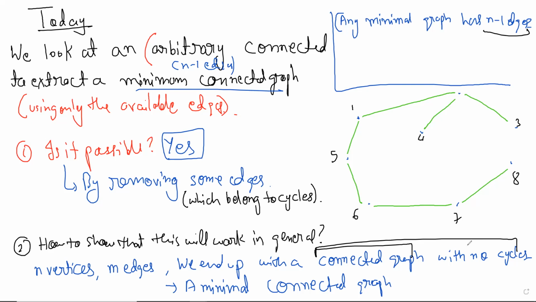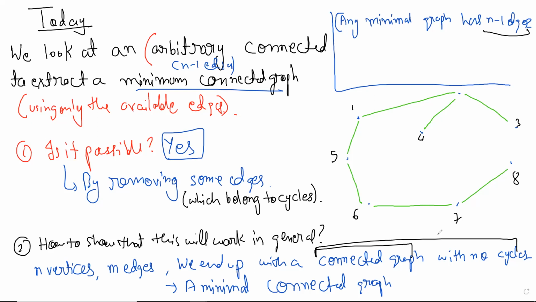But if you dig into that, what is it? It's a connected graph with no cycles, and I want to show it has n minus 1 edges. How do I show that? What do I know? I know that it is a minimal connected graph.